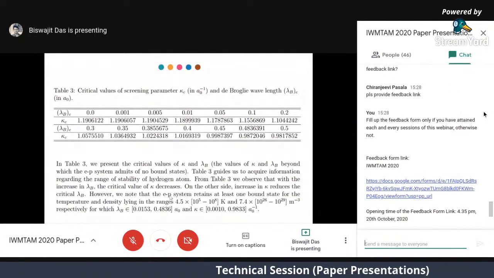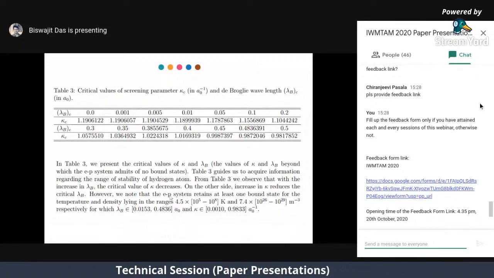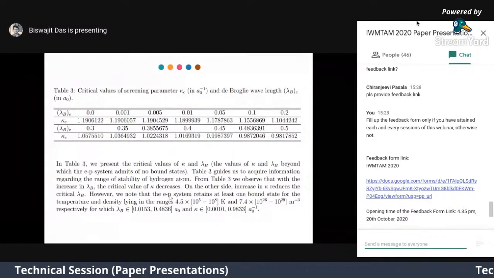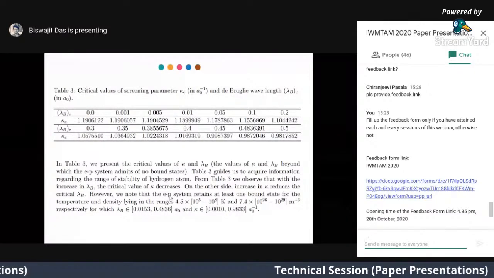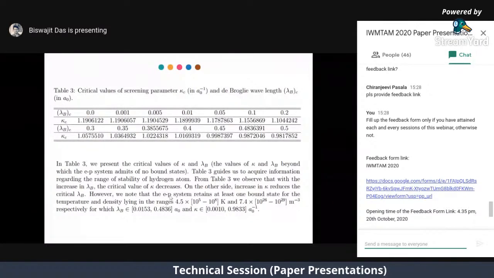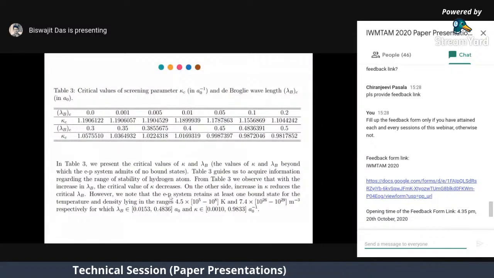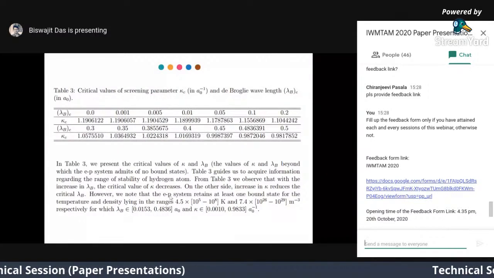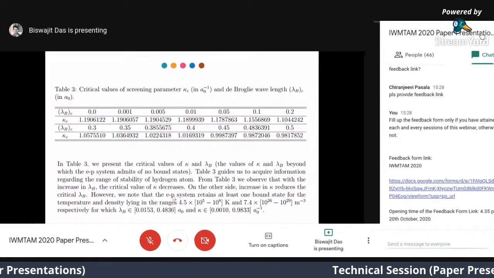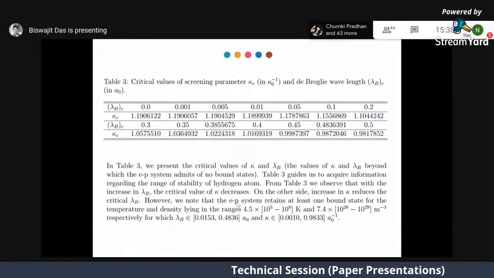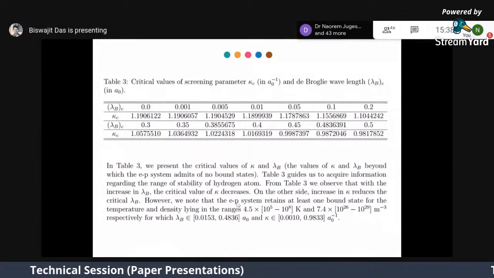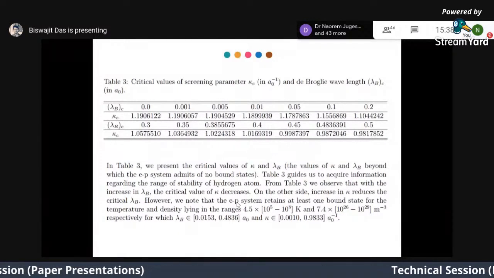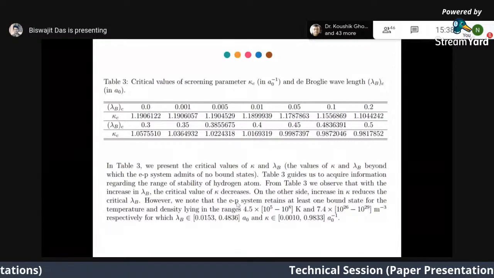In this table, we observe that with increasing lambda b, the critical value of kappa decreases. On the other side, an increase of kappa reduces the critical value of lambda b. However, we note that the electron proton system retains at least one bound state for the temperature and density lying in the range given in this slide.